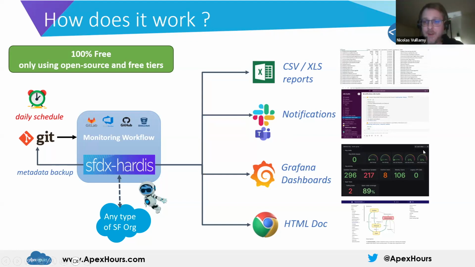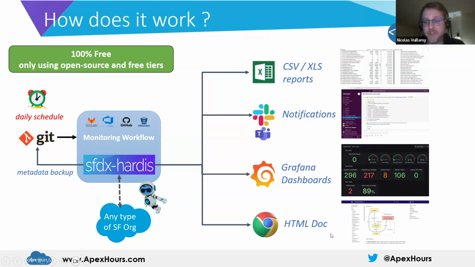Also, SFDX will call Grafana APIs to send indicators. SFDX is delivered with pre-made dashboards. So if you make the Grafana installation, you just have to import the SFDX dashboards and connect SFDX to Grafana with some variables, and you will have all that out of the box.